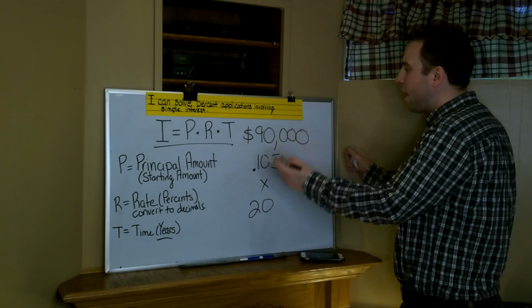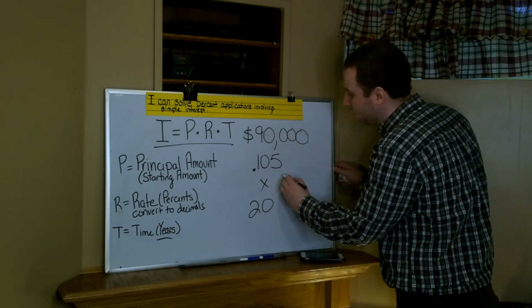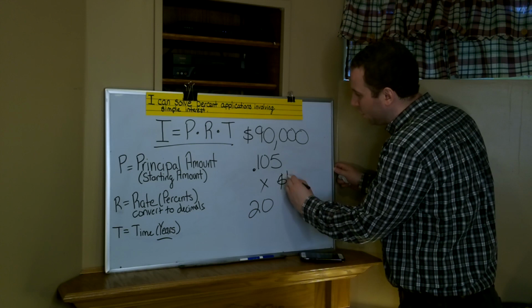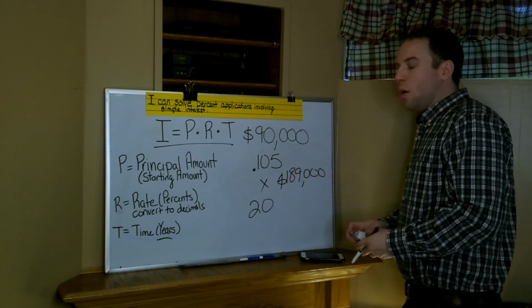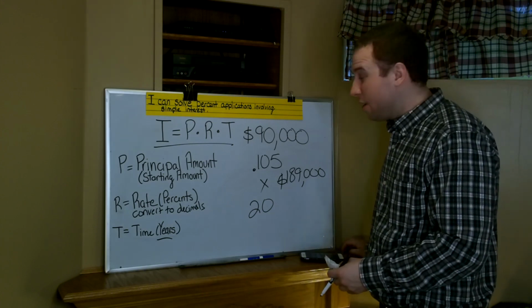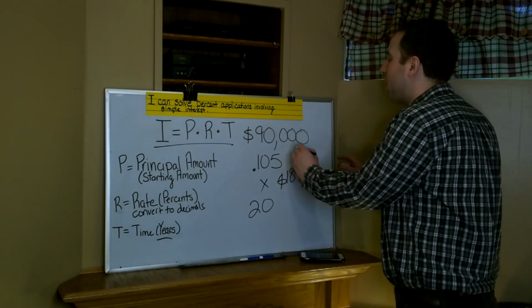So in the course of paying this off with a really high interest rate, our interest would actually be $189,000, added to our $90,000 that we paid for the house.